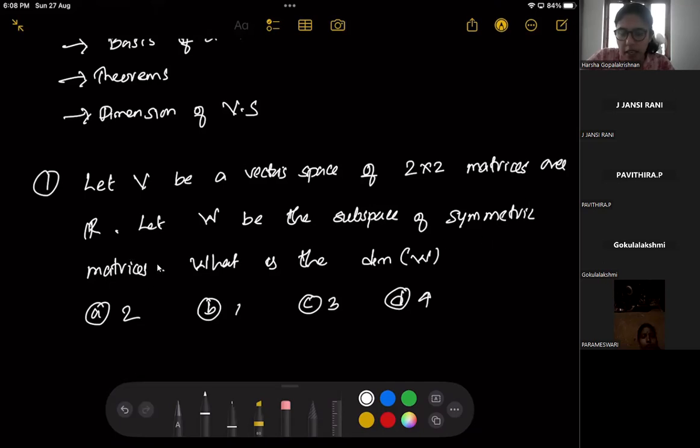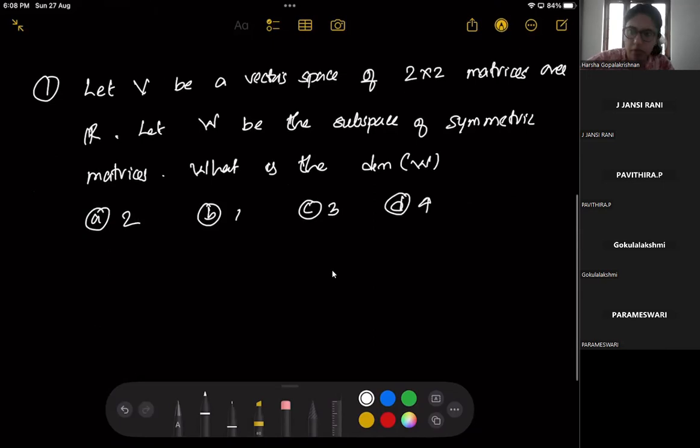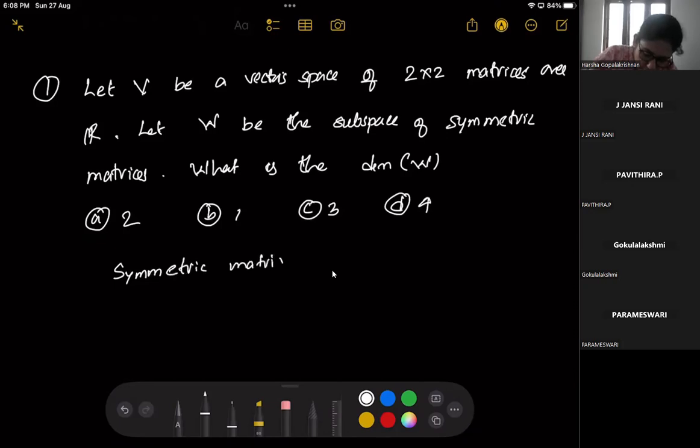Can anyone say what a symmetric matrix is? A symmetric matrix means A transpose equals A. For a matrix A, if the condition A equals A transpose is satisfied, then we call it a symmetric matrix.